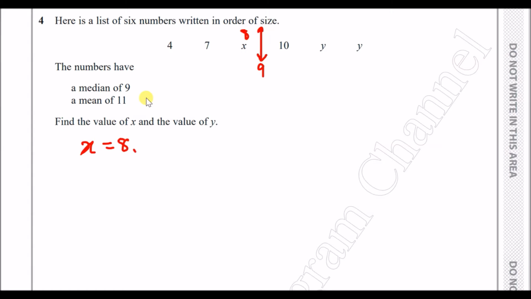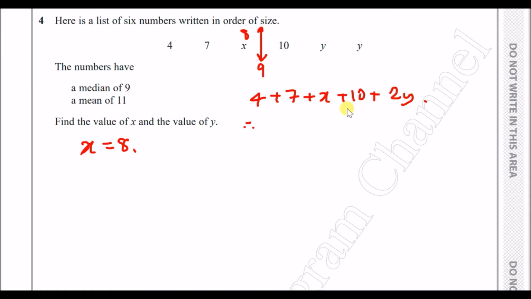And the numbers have a mean value of 11, okay? What this is trying to say is that if you added up all these numbers and divided by how many numbers there are, which is 6, you should get 11. In other words, if you add them up, you should have a total of 66, because 66 divided by 6 is 11. So adding up these digits, 4 plus 7 plus x plus 10 plus 2y.